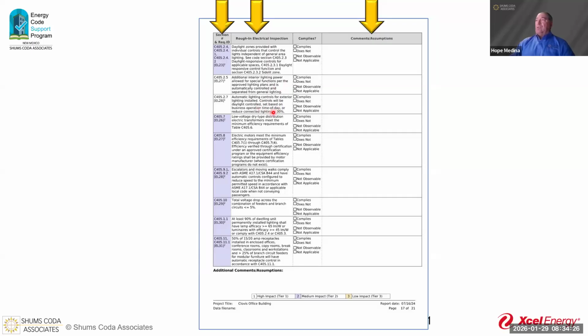Controls will be daylight controlled, set based on the business operation time of day, and reduce connected power by 30%. This information is great when we're doing those inspections. This is for the interior and the exterior. So it's one-stop shopping. We have our code compliance, what our trade-offs are, and whether or not it works.